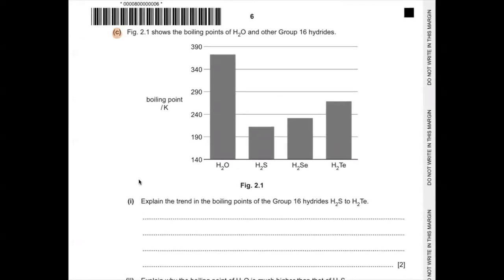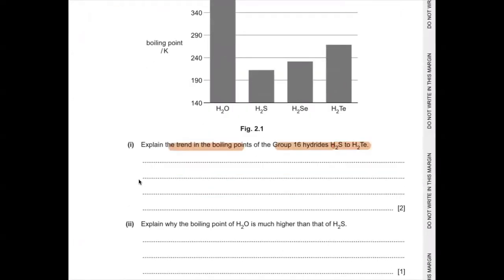Now, C part. Figure 2.1 shows the boiling point of water and other group 16 hydrides. Explain the trend in the boiling point of group 16 hydrides from H2S to H2Te. Okay. So from H2S to H2Te, there are intermolecular forces or the permanent dipole-dipole forces.